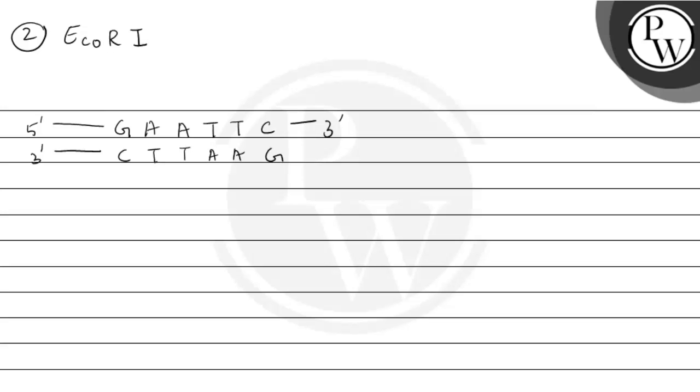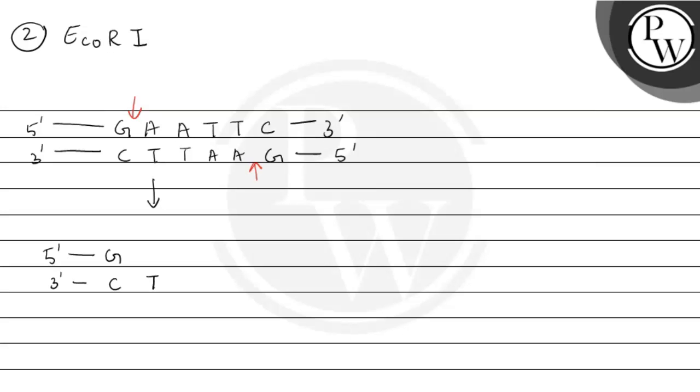So this is the recognition site for EcoRI, and the cleavage with EcoRI takes place at this point and this point. Therefore, the two fragments of DNA formed due to EcoRI will be as follows.